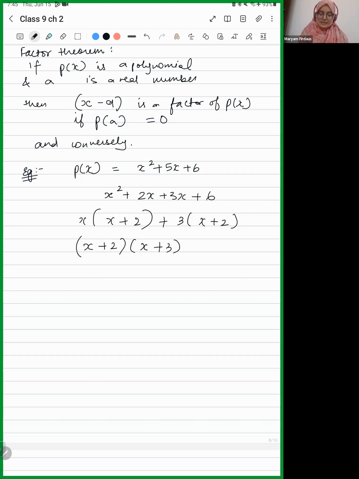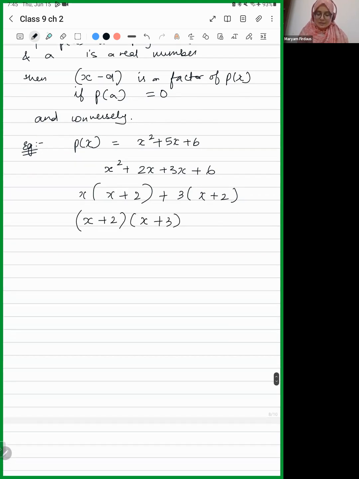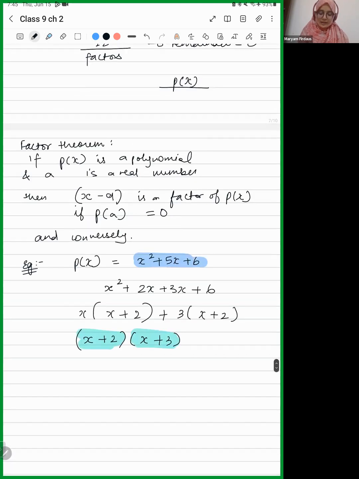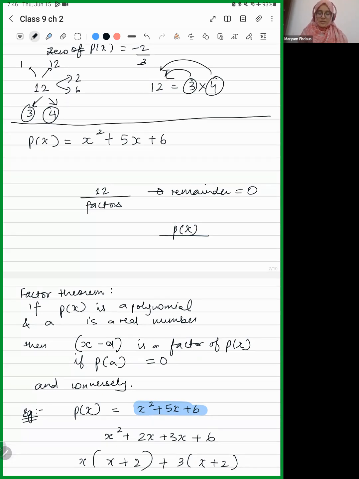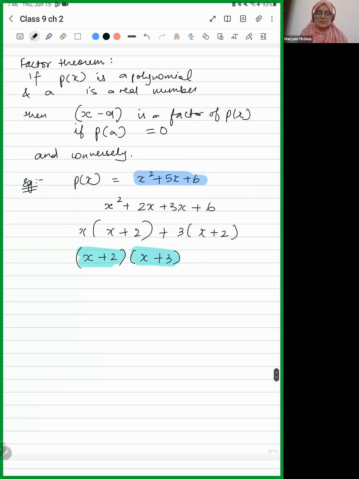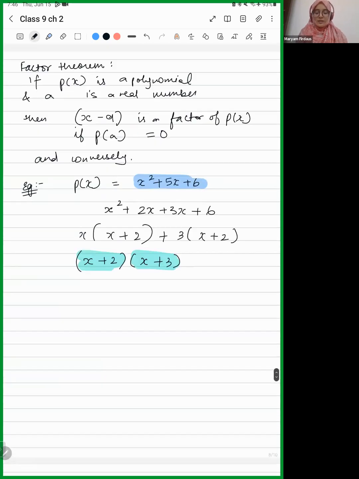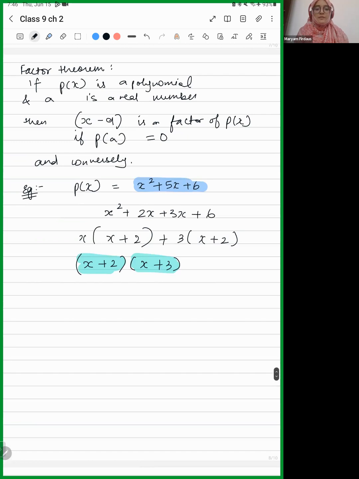So we see that x plus 2 and x plus 3 are both factors of x square plus 5x plus 6. Just like if you take 12, you can write this as 3 into 4. So 3 and 4 are both factors of 12. Now similarly, x plus 2 and x plus 3 are both factors of x square plus 5x plus 6.